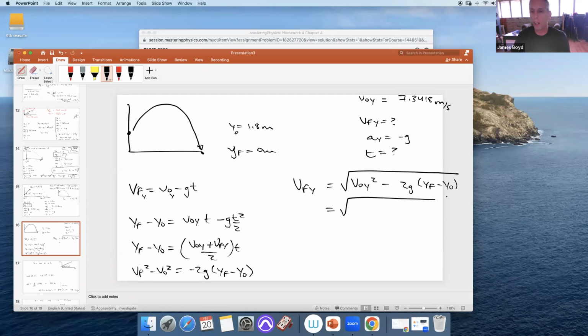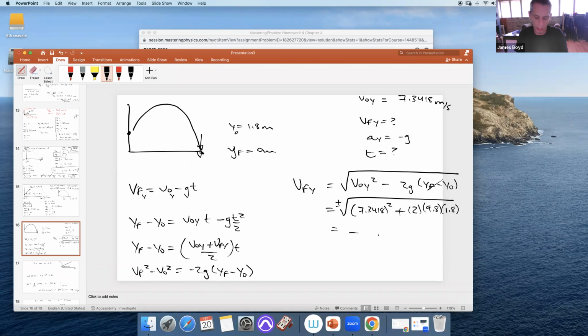So I get 7.3418 squared minus 2 times 9.8 times Y final, which is 0, so this is minus 1.8, or change it to a plus sign. So I have V final of Y, and I have to choose between a positive and negative. I know it's going to be going downward, so this will be negative.